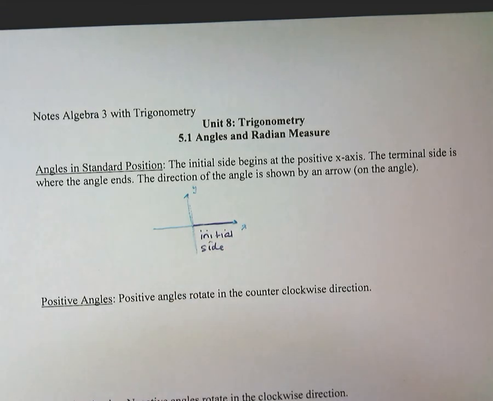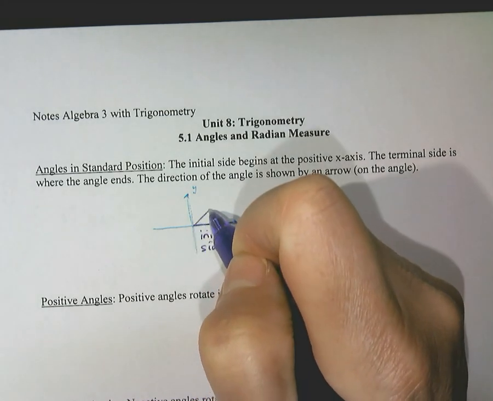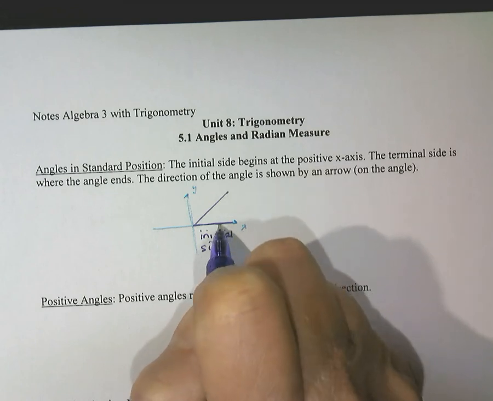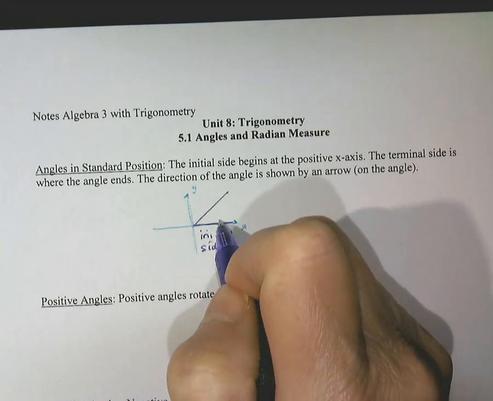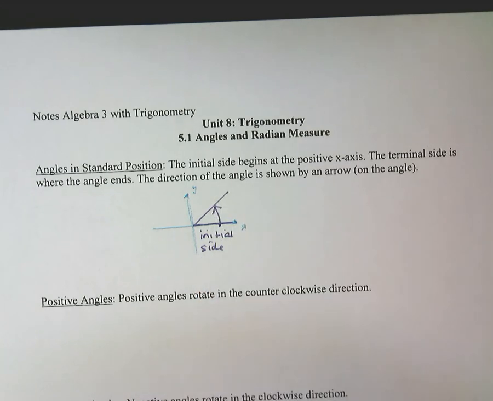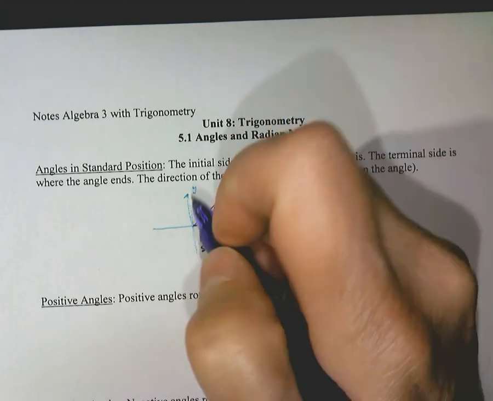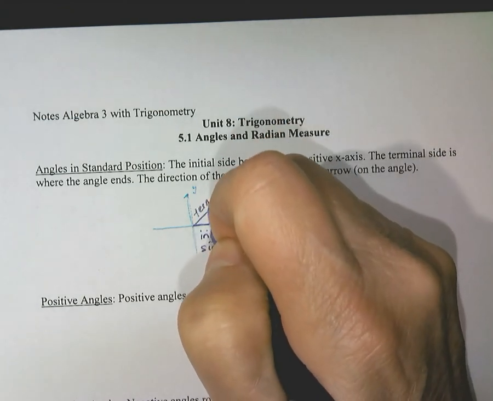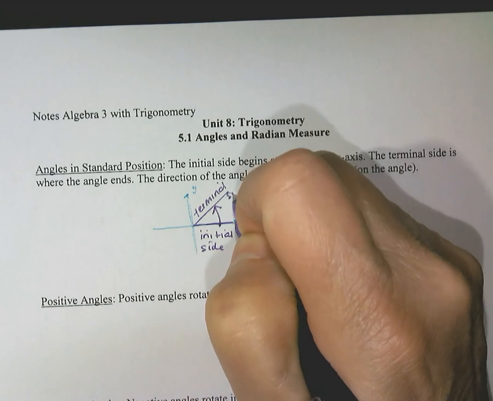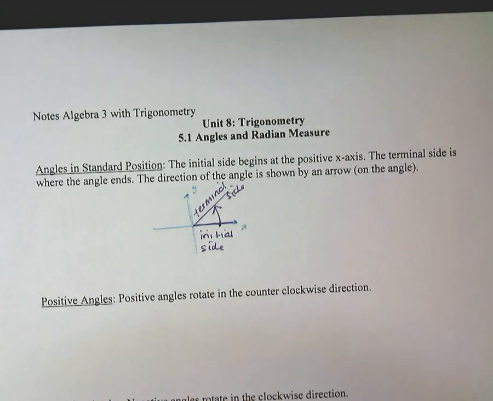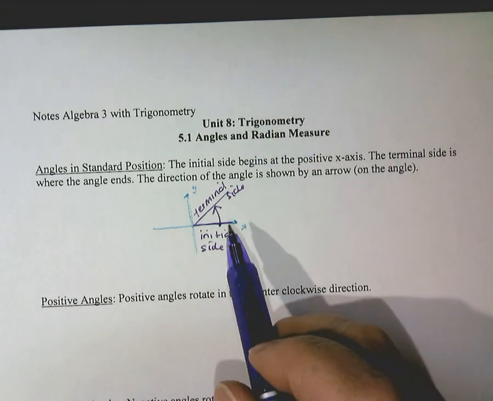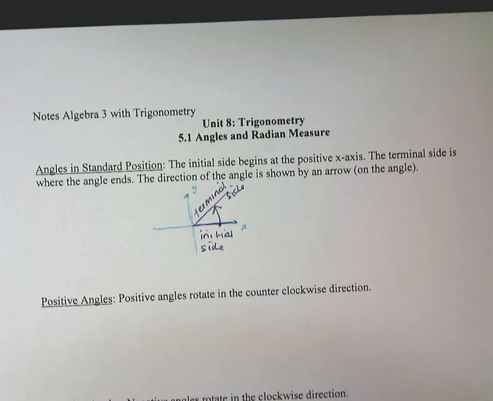And that angle is going to go in either a counterclockwise or clockwise direction. If this angle starts here and goes in this direction, counterclockwise, it's going to end at the terminal side. The arrow on the angle shows me the direction the angle has moved.